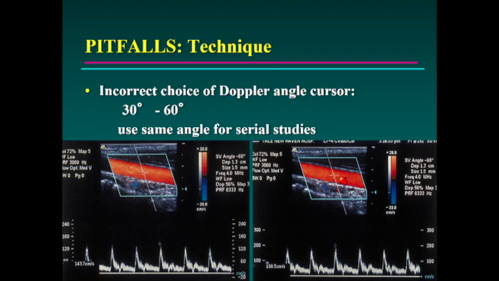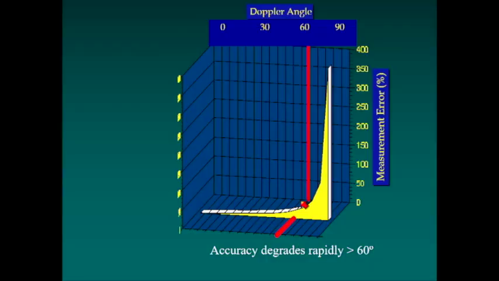Here, this is really not far off. It's not right, but it's not so terribly far off, and you can see that it's nearly 200 centimeters per second. So even relatively small maladjustments of the Doppler angle can lead to relatively large changes in the measured velocity.